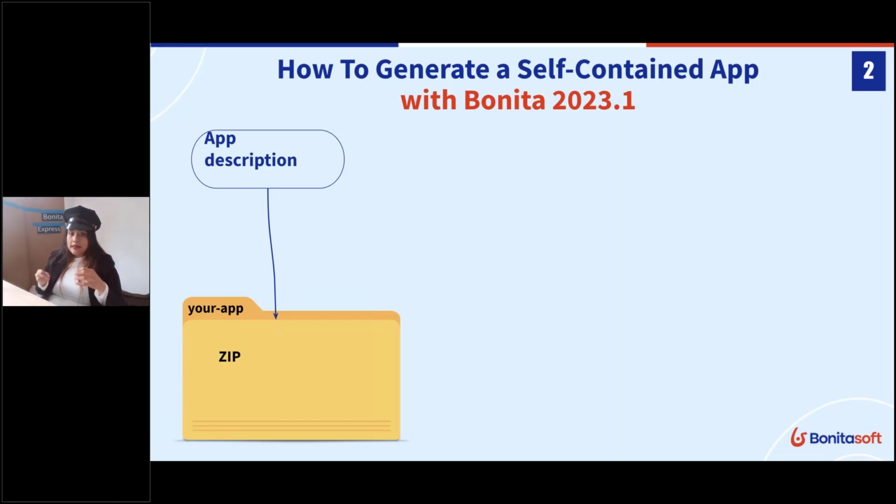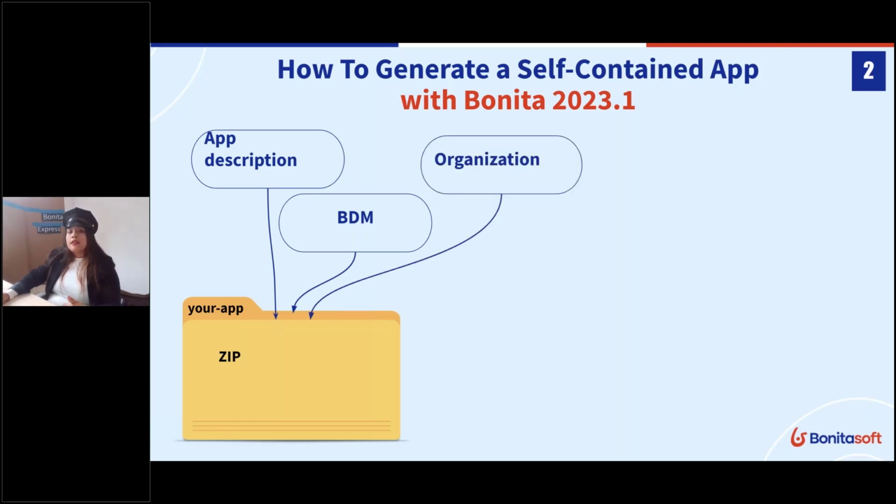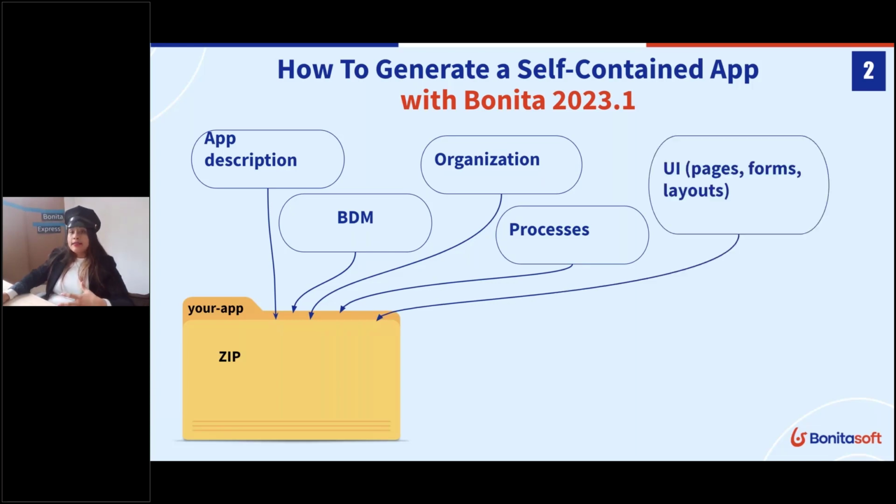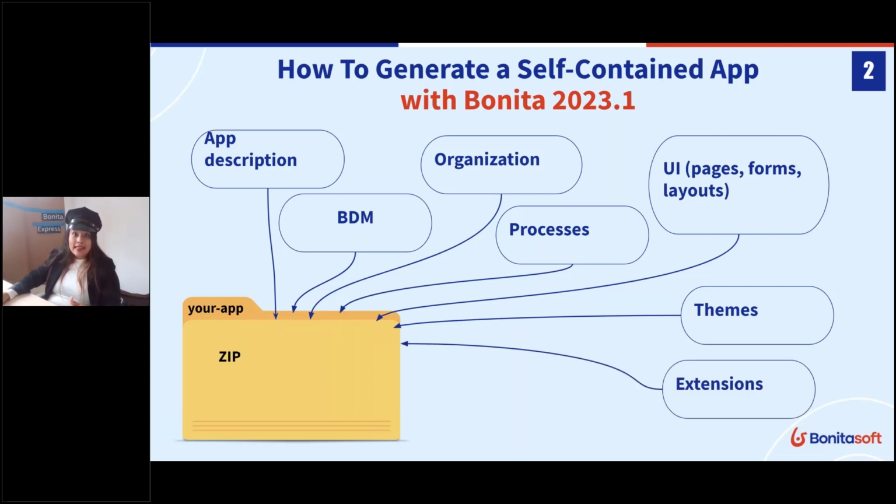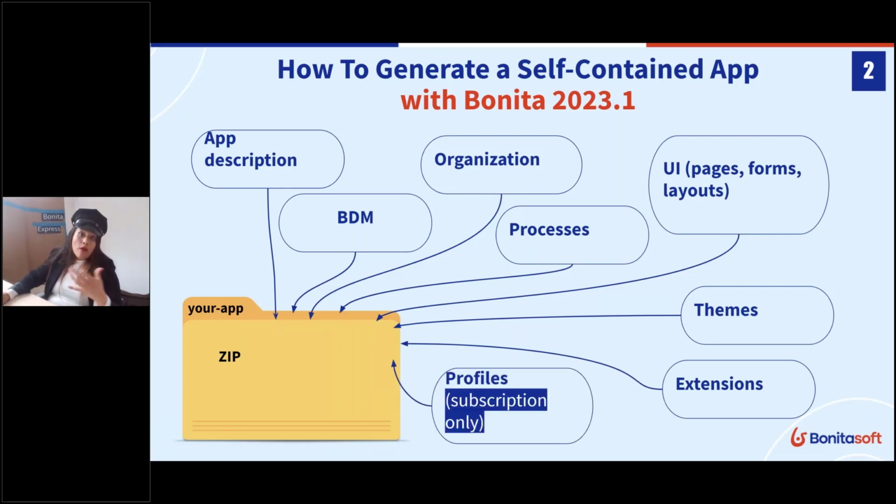In this zip, you would add the app description, the BDM, the organization, the processes, the UI, so pages, forms, layouts, the themes to be compliant with your company colors and themes, the extensions if you are using any, and the profiles if you are an enterprise or subscription user.